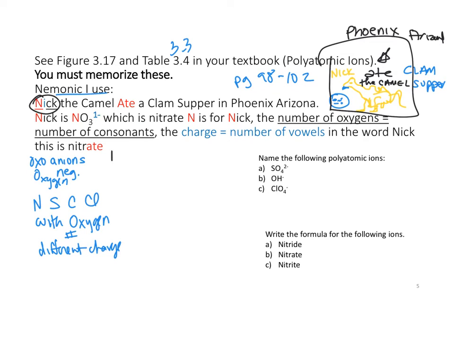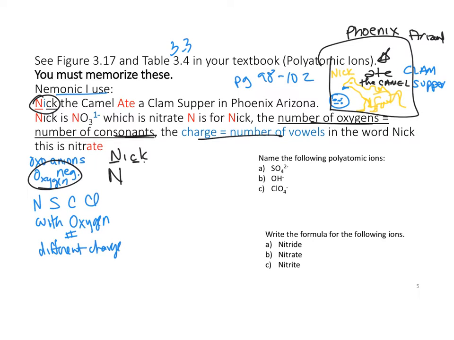Let's look at Nick. And these are your nitrogen oxo anions. So N for Nick. And then the number of consonants equals the number of oxygens. And the charge is the number of vowels. So how many consonants are there in the word Nick?